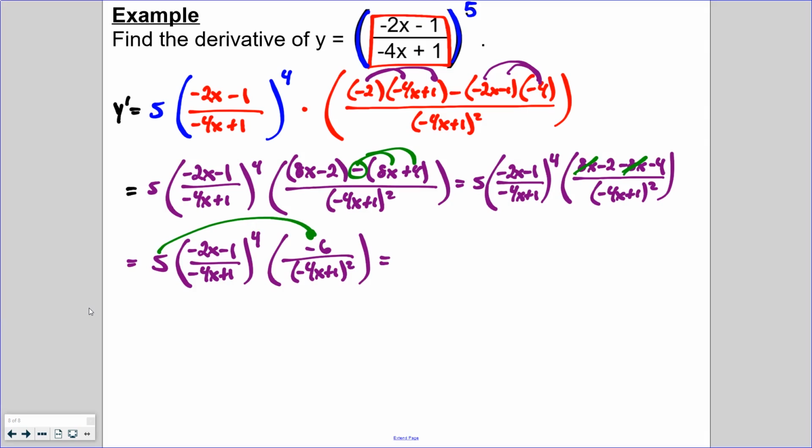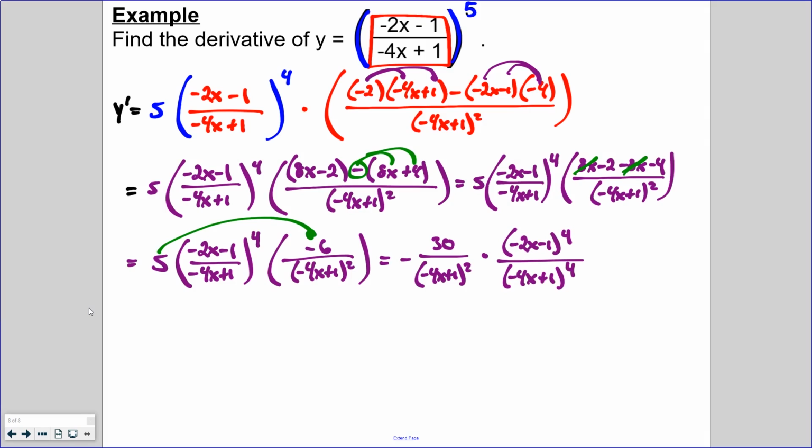And when we do that, we are going to get negative 30 over the quantity negative 4x plus 1 squared times. Well, if we look back at the first term, negative 2x minus 1 over negative 4x plus 1 to the 4th. We know based on some of our exponential properties that we can break that apart to be the numerator to the 4th power over the denominator to the 4th power.